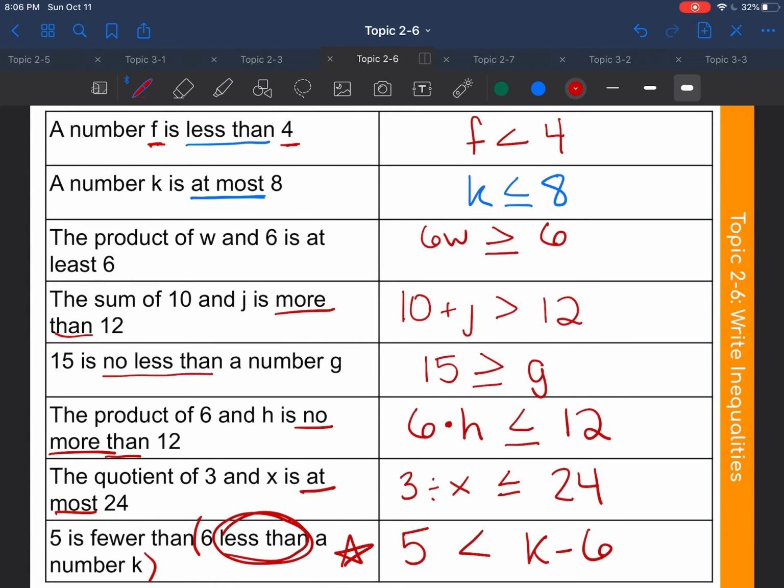You can also think about it in a real situation, like going on a ride, because you see those signs a lot when going on rides. You can't be greater than this height, you can't be less than this height, but you can be that height sometimes. So that's where the or equal to part comes from.